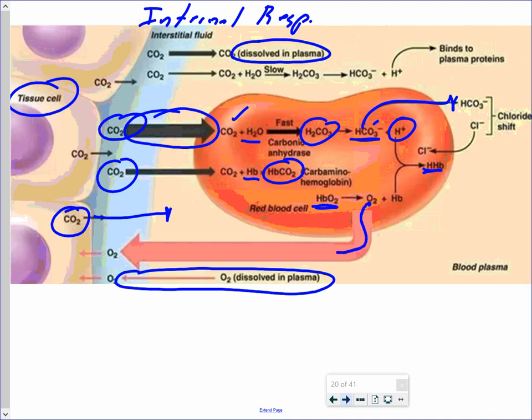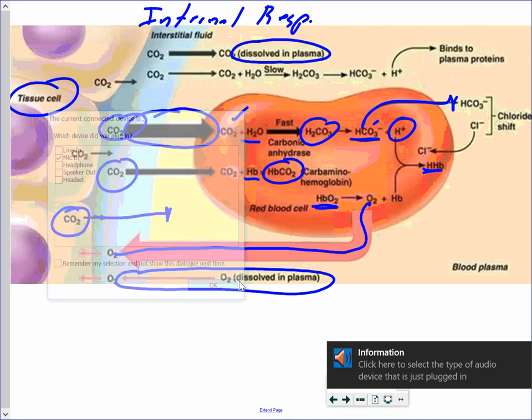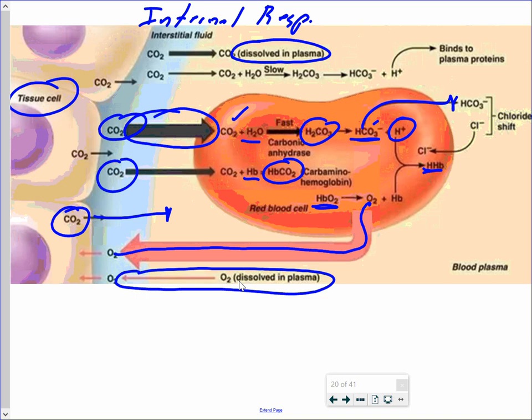So the oxygen will be released from the hemoglobin, diffuse out of the red blood cells and out of the blood, and eventually into the cells and tissues that can then use it for cellular respiration.